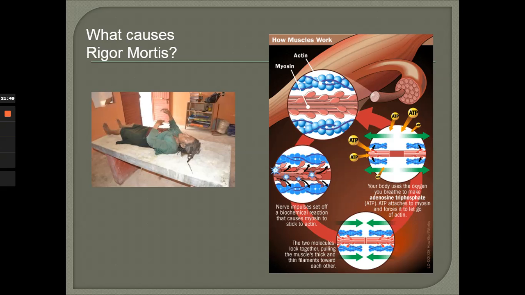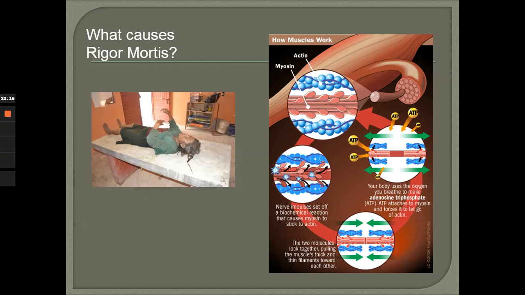Once the active sites on the actin were opened up, it popped up, it bound, it slid, got that muscle contraction. But since we're not making any more ATP, they can't pop off. We can't get them off. So now we have this sustained muscle contraction.